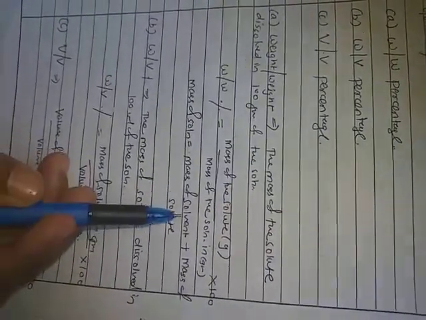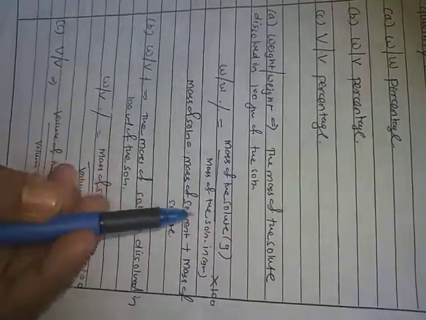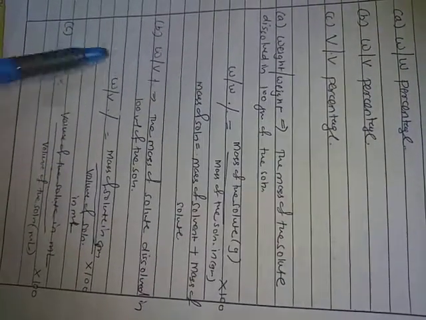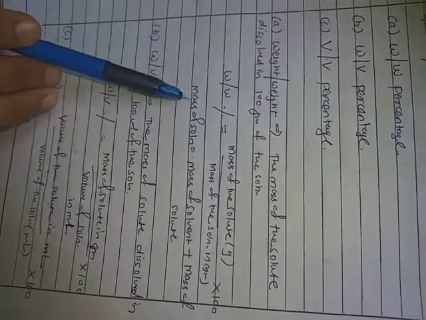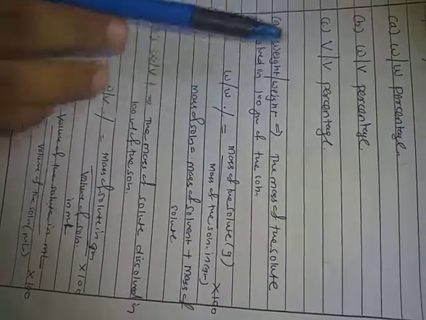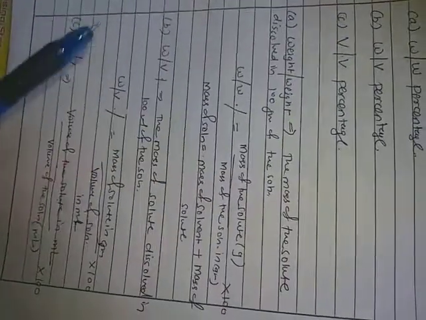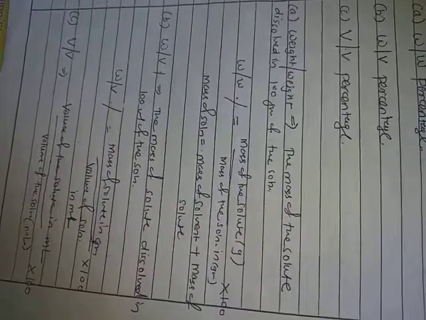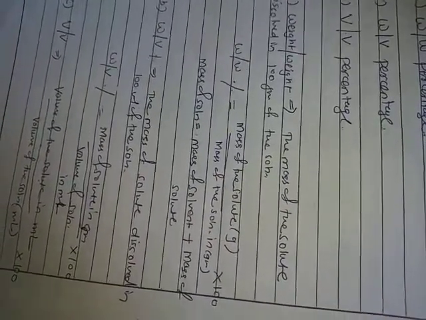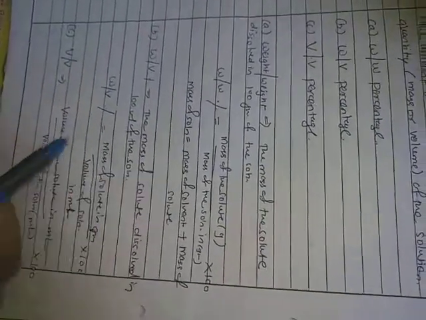Upper side is solute, and here it is volume of solution. Into 100 remains constant because we are finding percentage. So weight by weight percentage, weight by volume, and volume by volume percentage. Concentration of solution is very much important, and we covered numericals on the basis of this also.